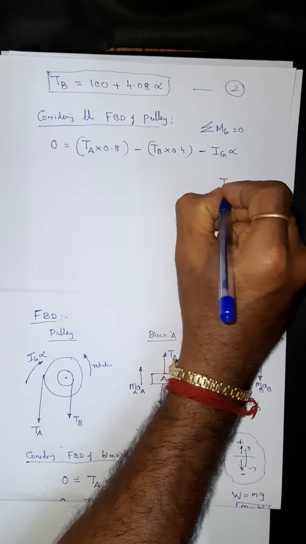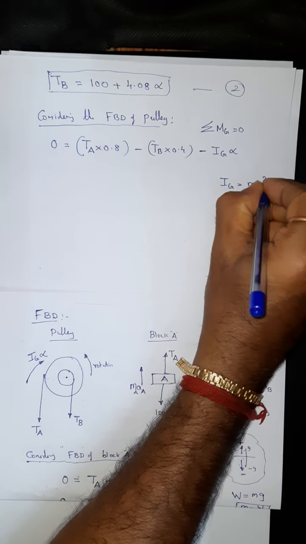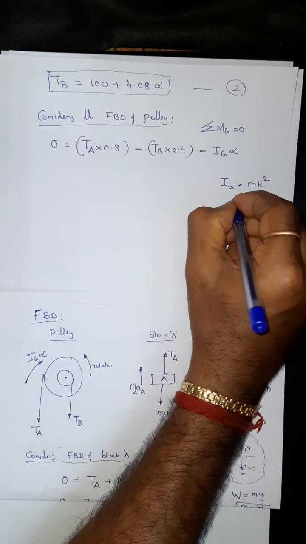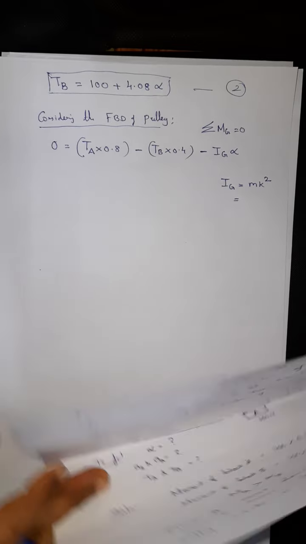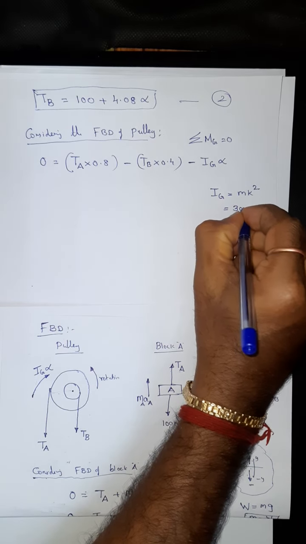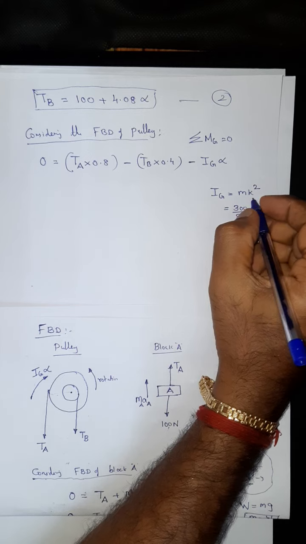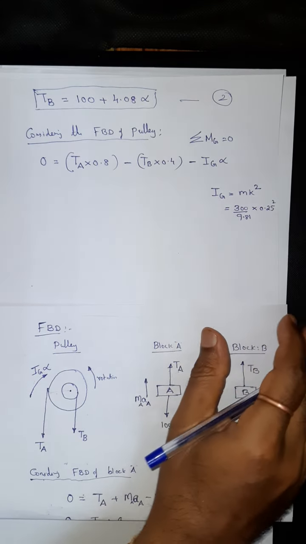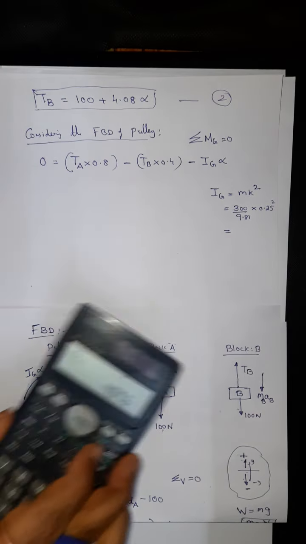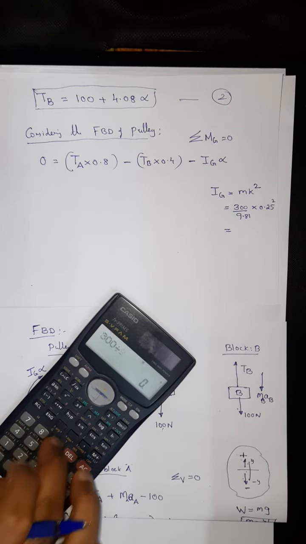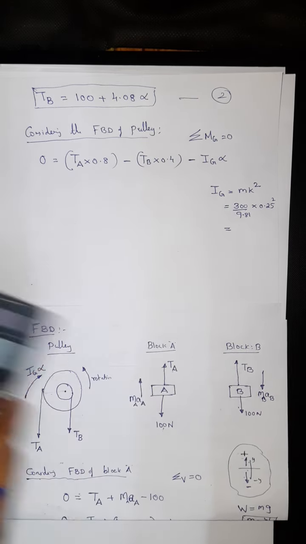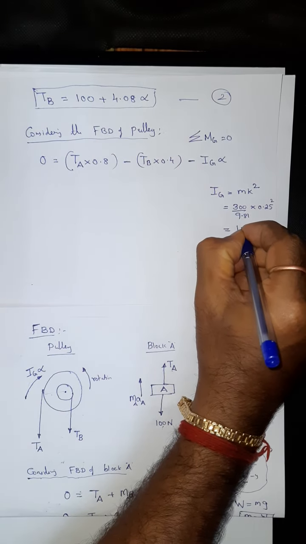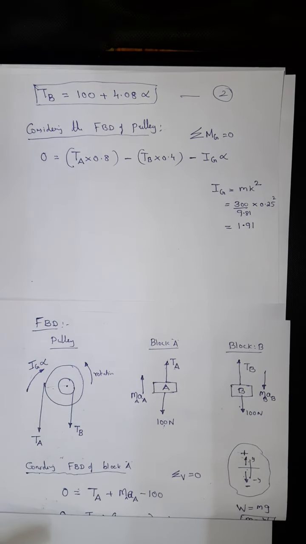IG is nothing but mk square, where m is mass and k is the radius of gyration. The weight of this pulley was 300 Newton, yes. So it can be written as 300 divided by 9.81, and the radius of gyration was 0.25, right? So 300 divided by 9.81 into 0.25 square, which is 1.91.